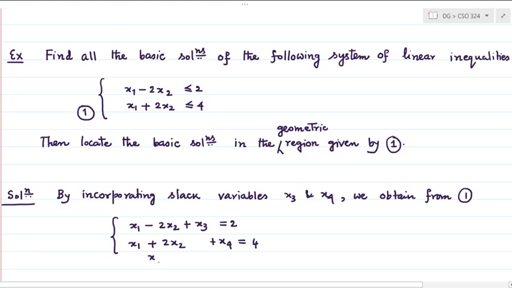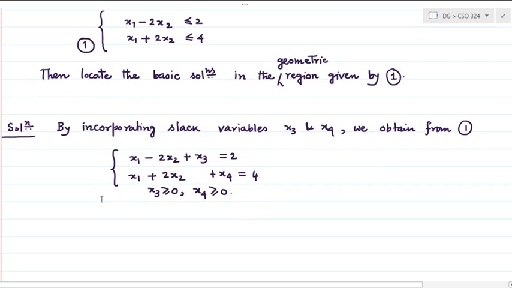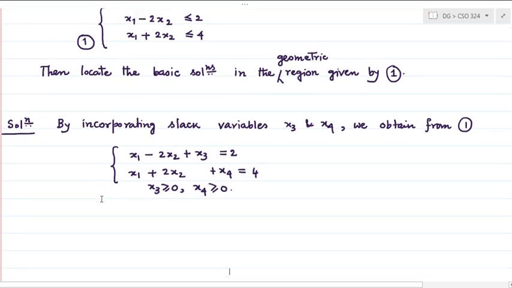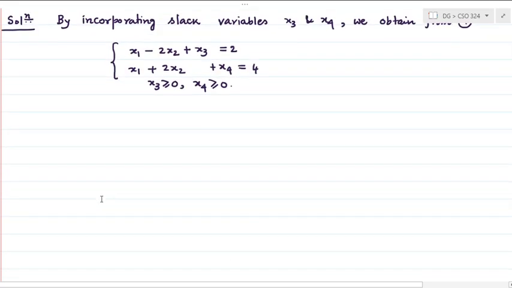We should also have x3 greater than or equal to 0, x4 greater than or equal to 0. Fine. Now for this system, you know how to find the basic solutions, right? This system looks like Ax is equal to b together with x greater than or equal to 0.